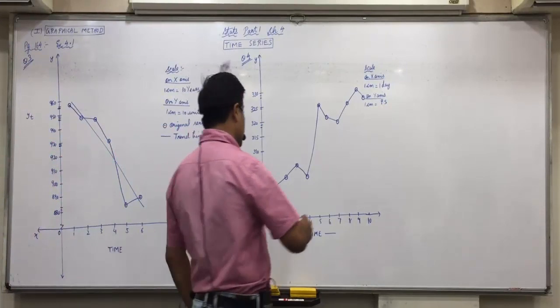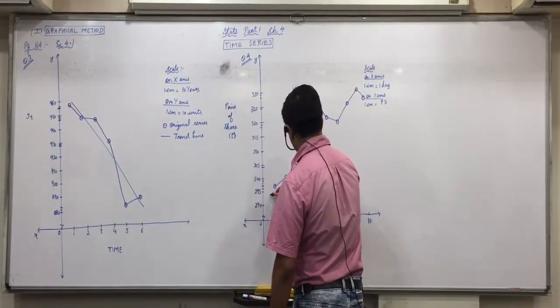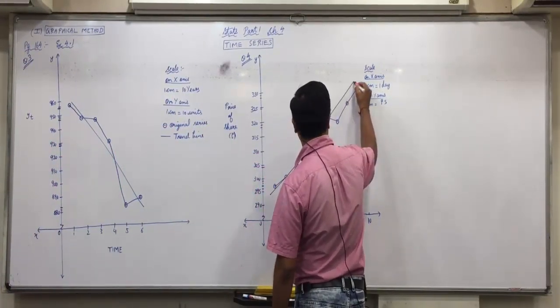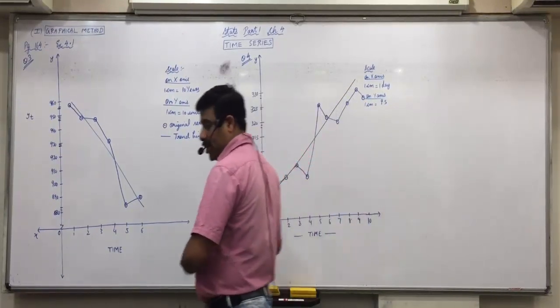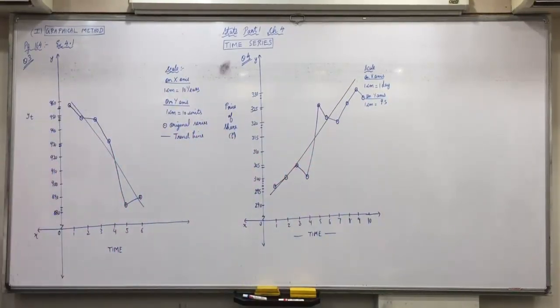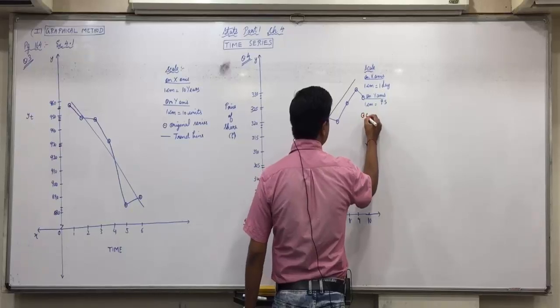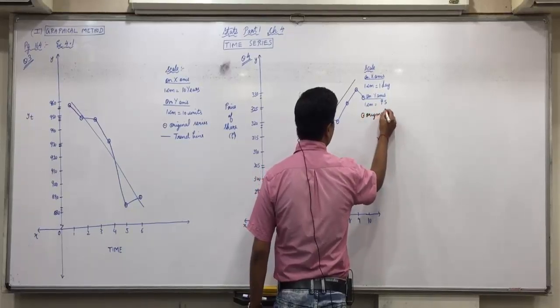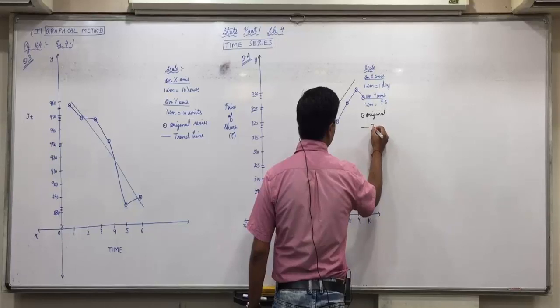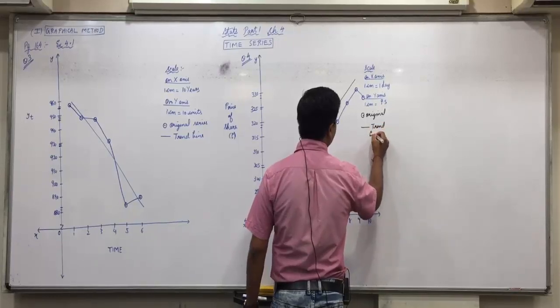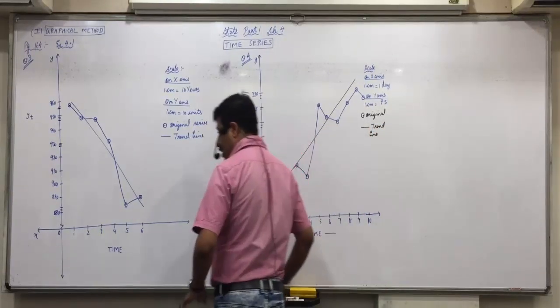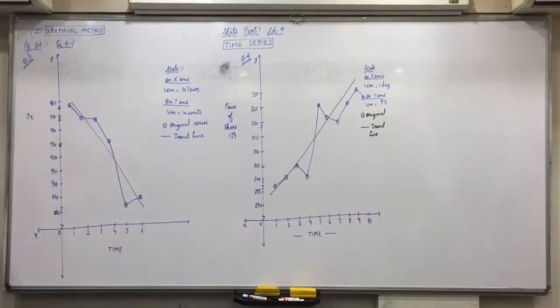So adjust your scale and make a straight line passing through and near all the points. Any confusion with this? Here you will represent that this is the original series and this is the trend line. Any confusions? All are clear with it?